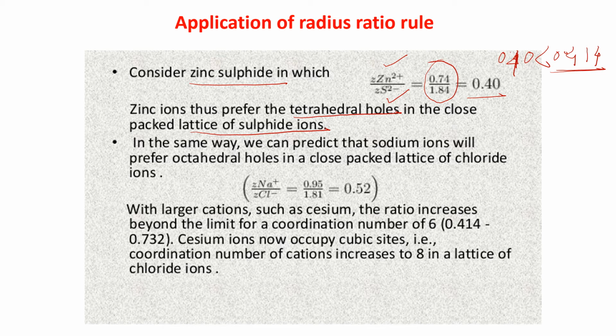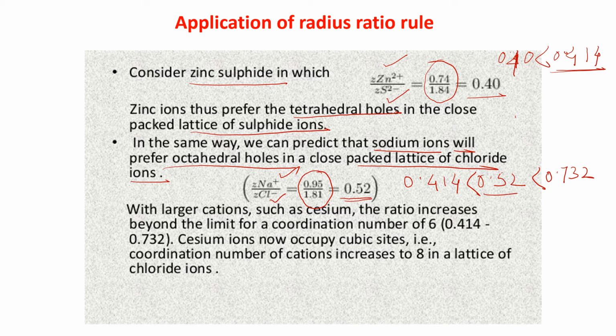The same way, sodium ion will prefer octahedral hole in closed packed lattice of chloride ions. That means in case of the sodium chloride, sodium is the cation and chloride is the anion. Now, these values are the radius ratio. Now, by doing this, we are getting 0.52. Now, 0.52 is less than 0.732, but which is greater than 0.414.